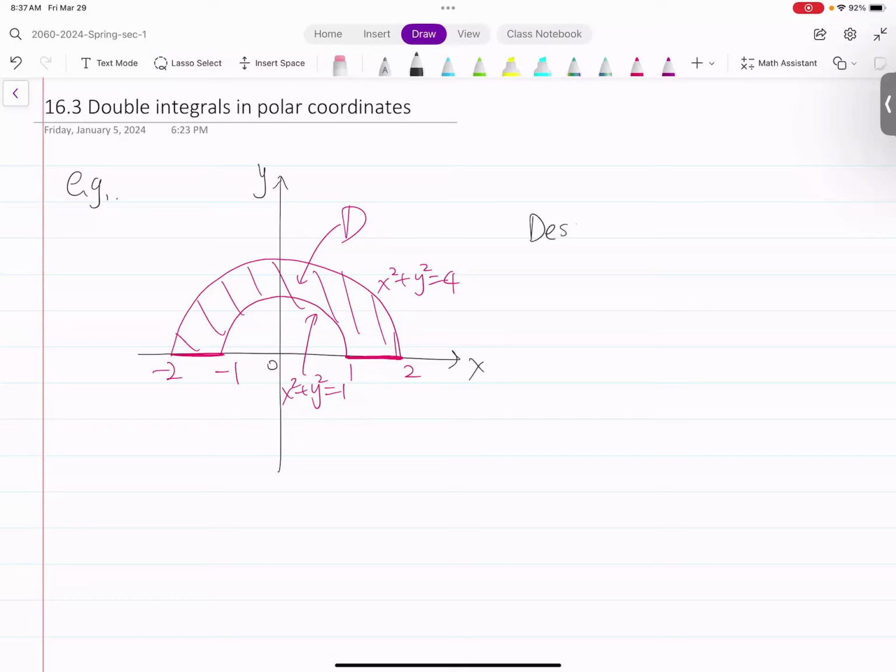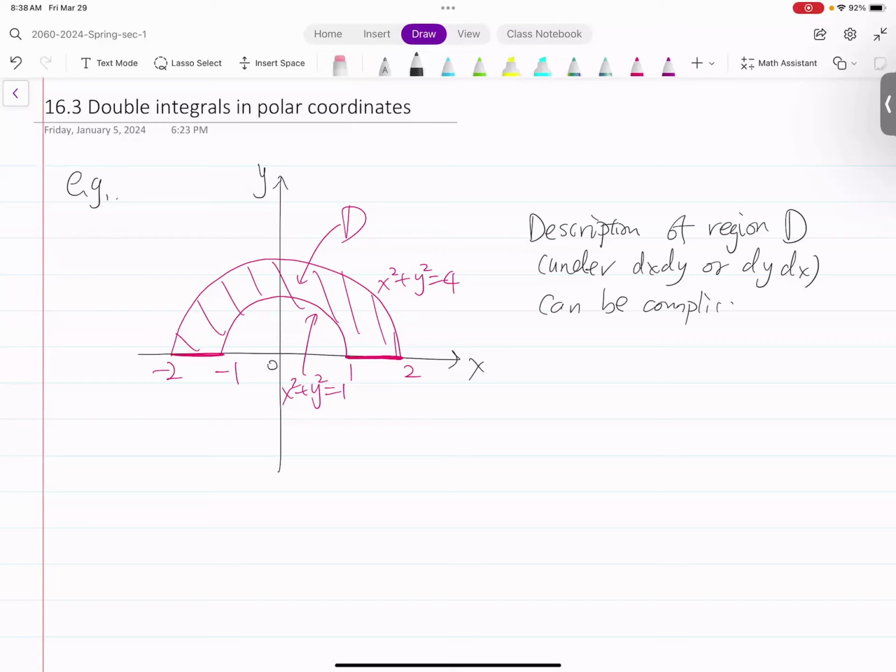The description of this region D under dx dy or dy dx can be complicated. Of course, you can still do it, but then it definitely involves multiple pieces.